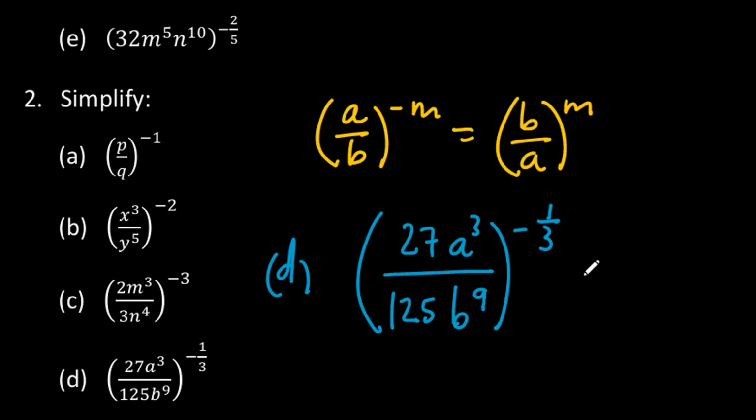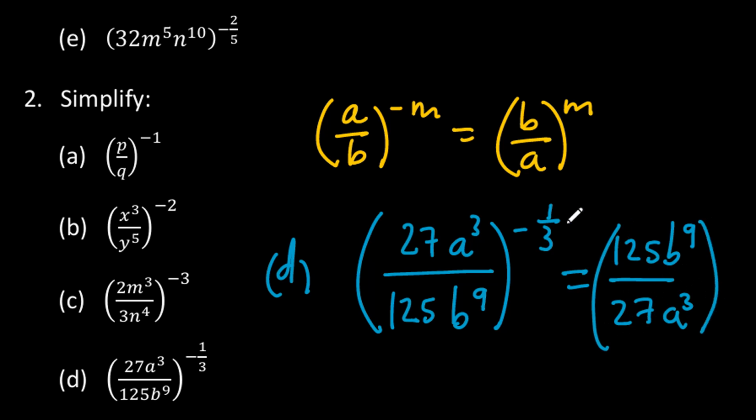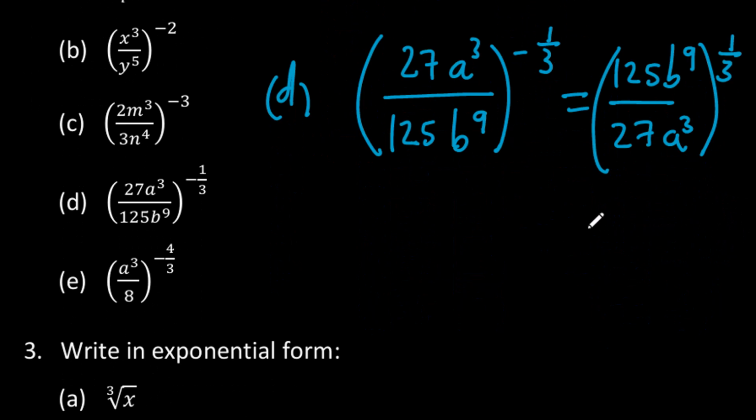Let's look at D. We can first invert the fraction in order to make the power positive. So let's do that. So it's going to be to the power positive 1 over 3. Now we can use prime factors for 125. So we know that 125 can be written as 5 cubed.